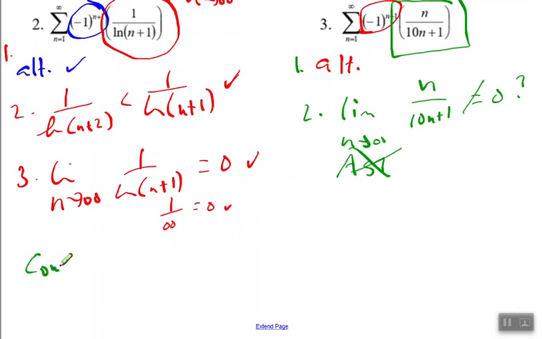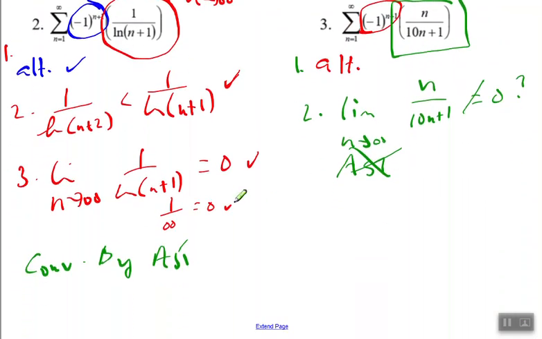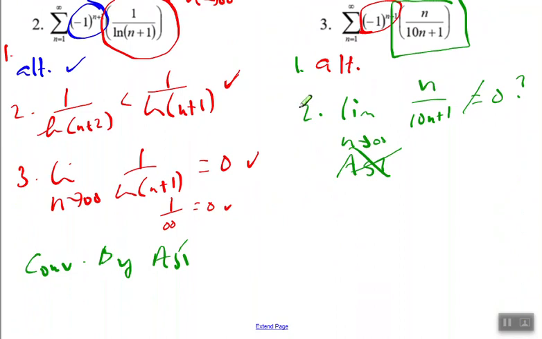So we would say this one, number 2, does converge by the alternating series test. Number 1 does converge by the alternating series test. Therefore, there was another one. Well, what this says, if you go back to our test for divergence, is: is the last term equal to 0?